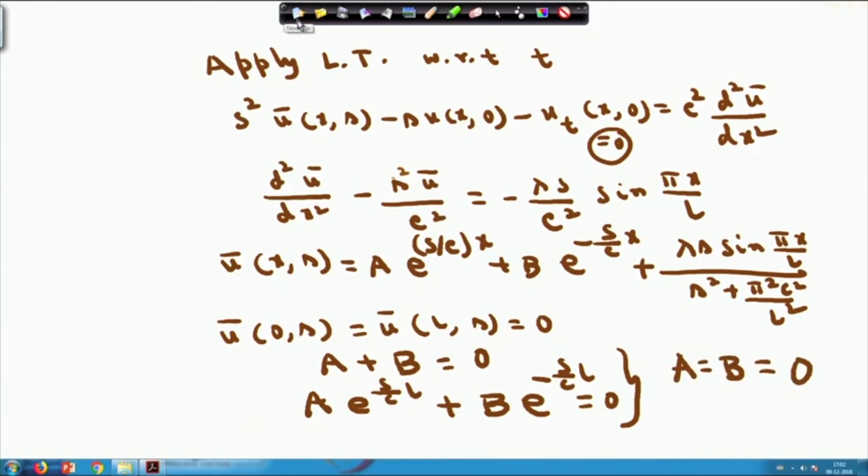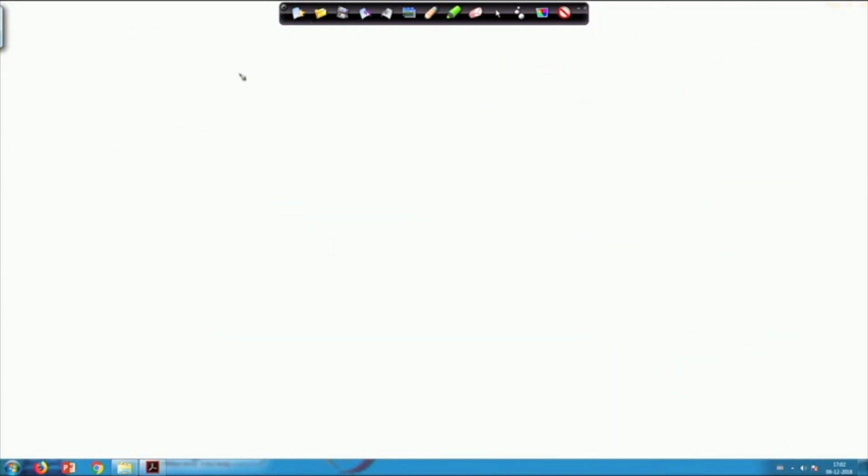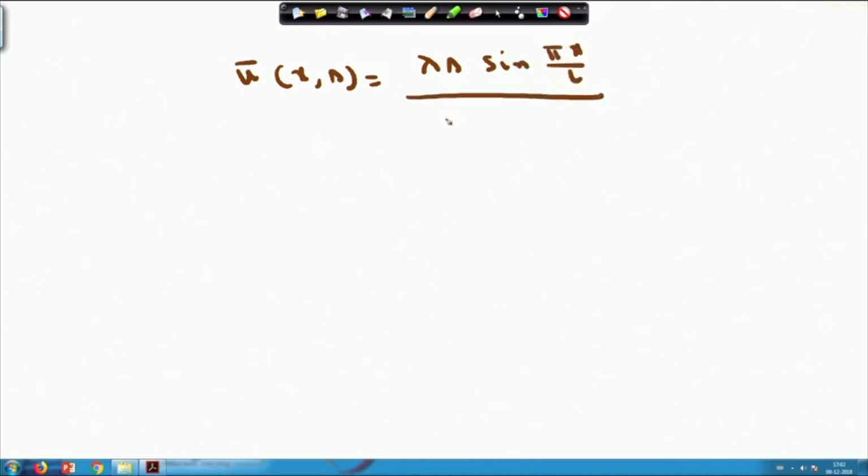So, once you are getting a equals b equals 0, therefore your u bar(x, s) equals lambda s sin(pi x by L) divided by s square plus pi square c square by L square.